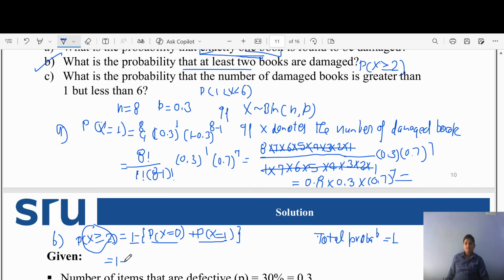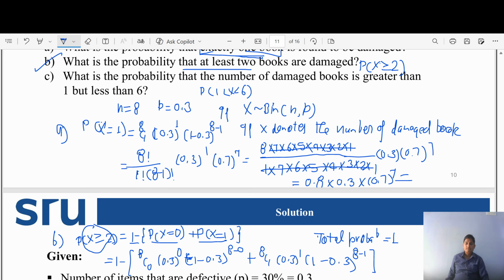So how did we evaluate this? 1 minus n, what is n? n is 8. nCk, nC0, p to the power k, p means 0.3 to the power k, k means 0, times 1 minus 0.3 to the power n minus k. n minus k is 8 minus 0. So this is the probability for 0, but P(x) is equal to 1 is 8C1, 0.3 to the power 1, 1 minus 0.3 to the power 8 minus 1.